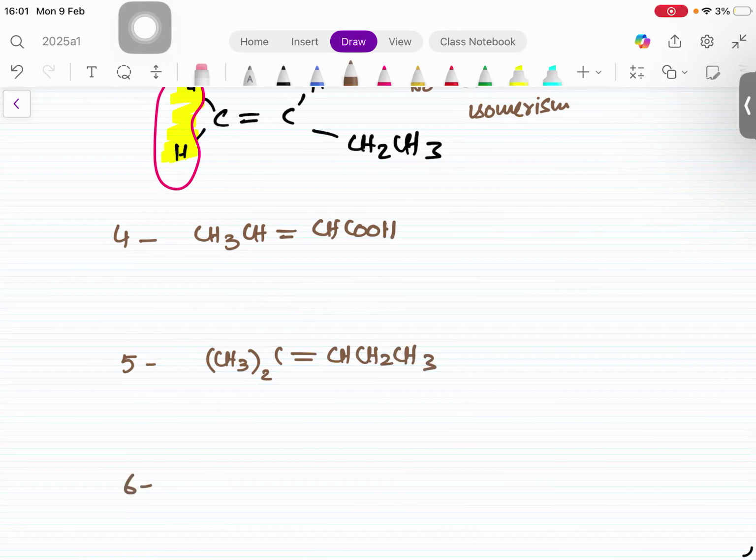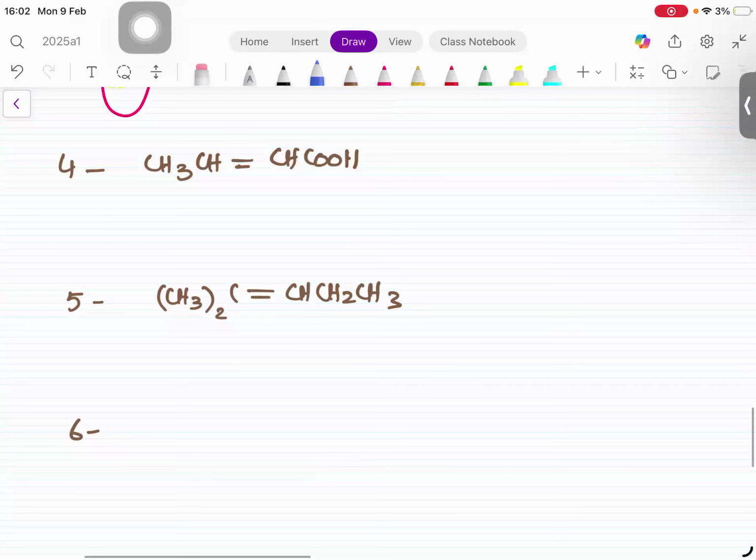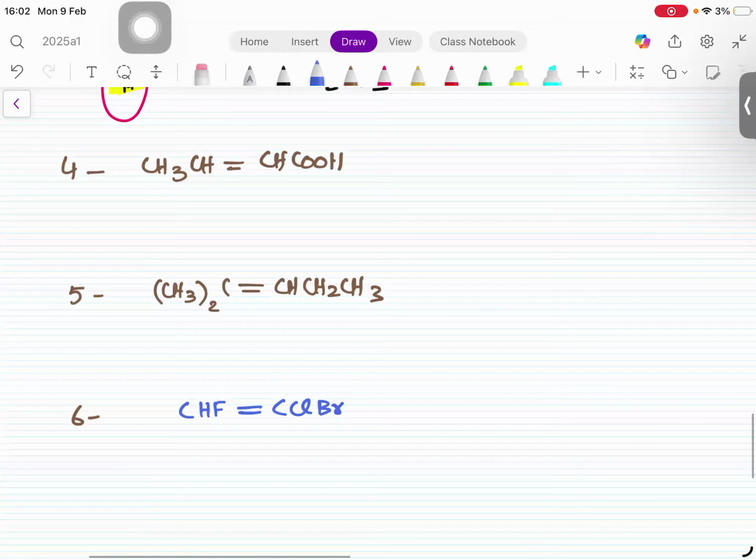Please draw the cis and trans isomers. You have to draw the cis and trans.